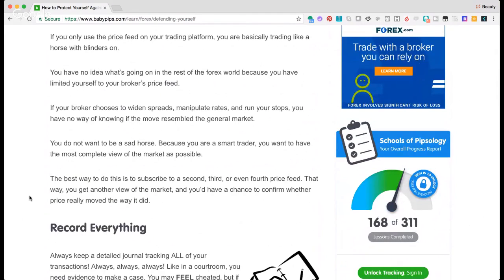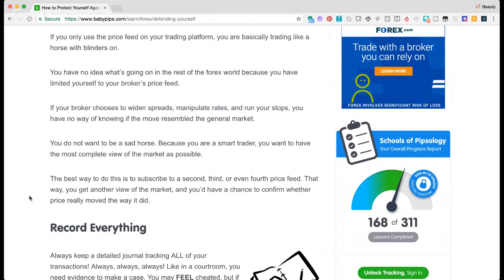If your broker chooses to widen spreads, manipulate rates, and run your stops, you have no way of knowing if the move resembled the general market. You do not want to be a sad horse because you are a smart trader. You want to have the most complete view of the market as possible.